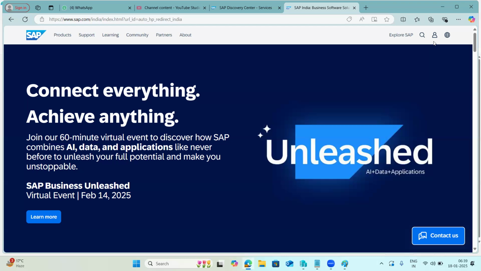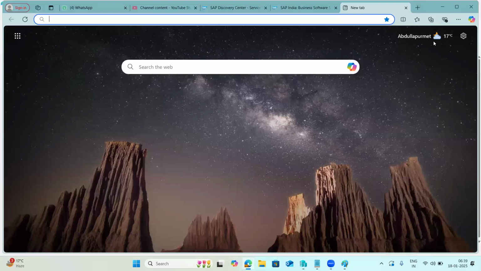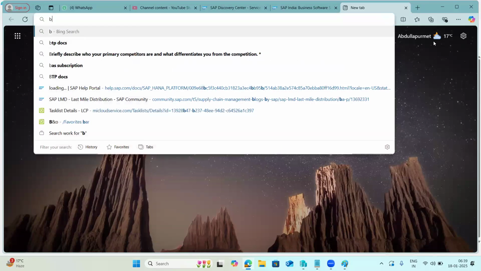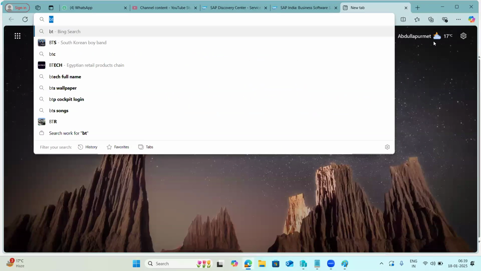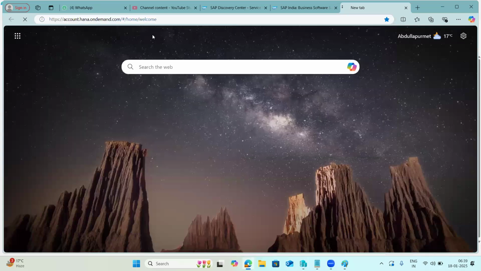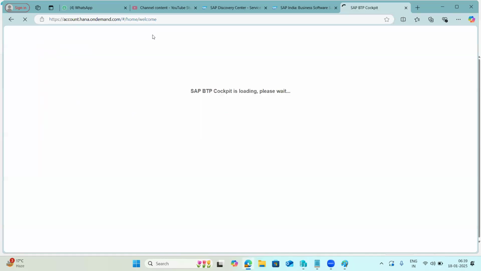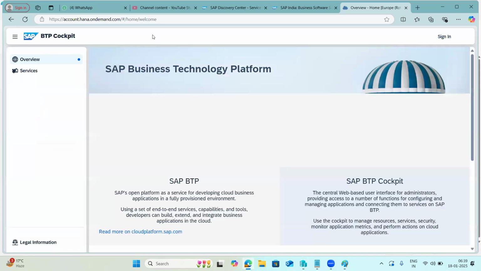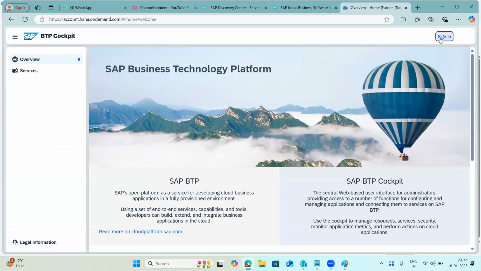I will send you the document that has the clear steps to get that. So the BTP cockpit URL, you can log in with that URL. Then the BTP cockpit will be loaded here. There you need to provide the user ID and password reset the first time, then you will get a mobile OTP. Then you can log in.